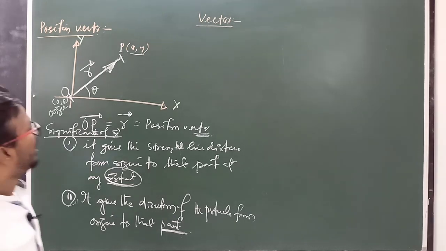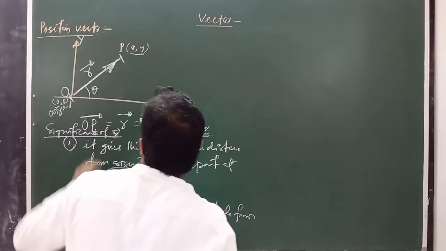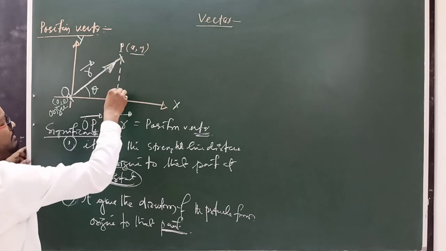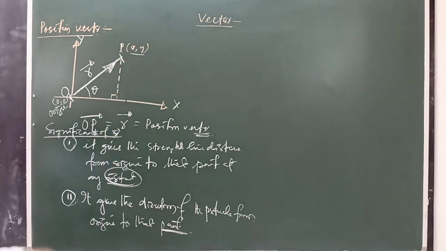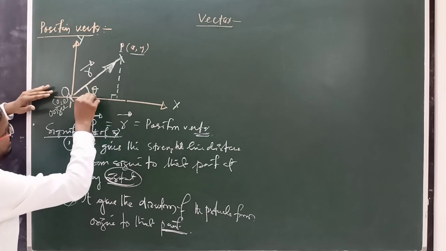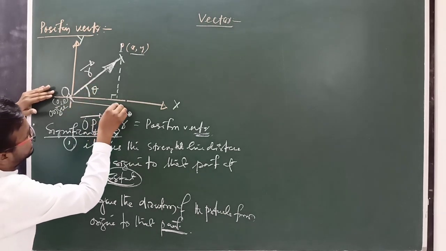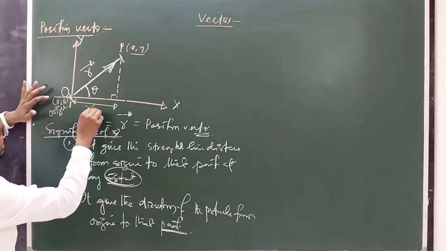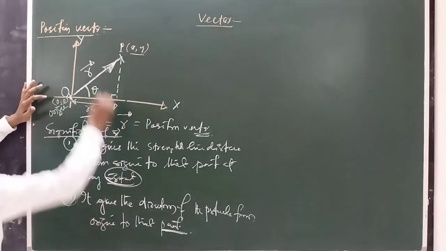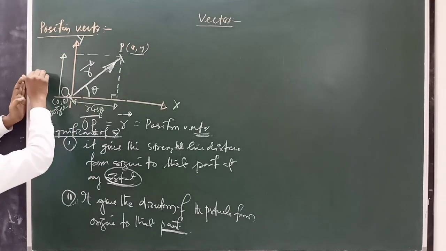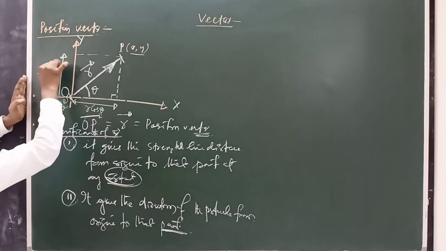Now you can draw its rectangular component form or unit vector form. This angle is 90 degrees, and you already know this is the resultant vector R vector. This distance is known as R cos theta, and this distance along the y axis is known as R sin theta.